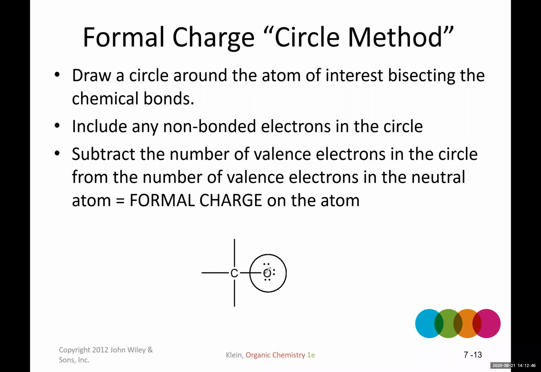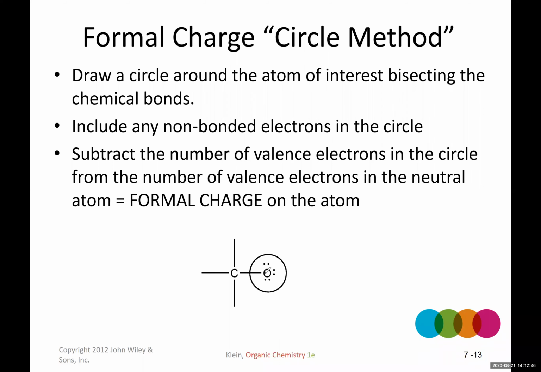And then you subtract 1/2 of the shared electrons. So we have 1 bond to the oxygen that corresponds to 2 shared electrons. You subtract half of that, or 1. If you just subtract the number of bonds to the atom, that's the same thing. There's 1 bond to the atom, so you subtract 1.